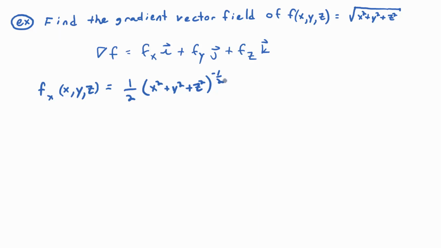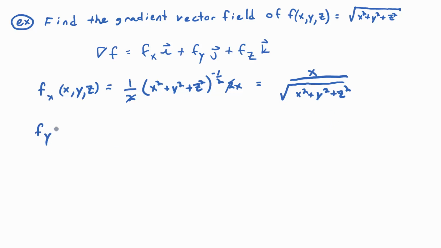Subtract 1, and then multiply by the derivative of what's inside by the chain rule, which would just be 2x. Or the 2's would cancel, and you could write this with x on top over x squared plus y squared plus z squared to the 1/2, but it's kind of nice to write that as a square root. Square root of x squared plus y squared plus z squared on the bottom.